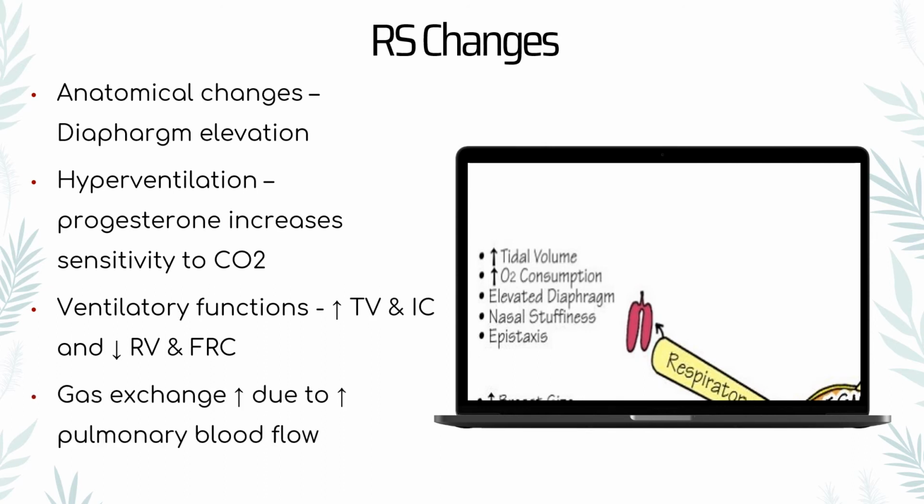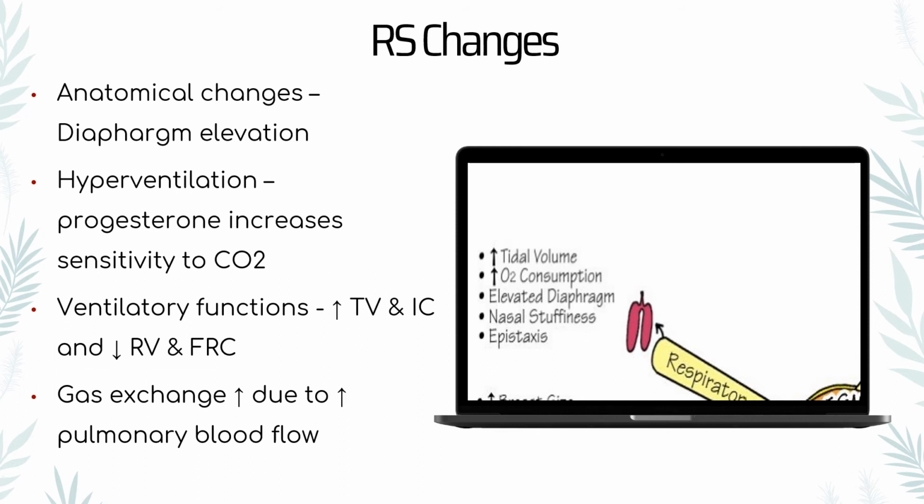Ventilatory functions. So the anatomical changes and the hyperventilation during pregnancy result in the change in the ventilatory functions and its parameters. Tidal volume increases, there is no change in the vital capacity.